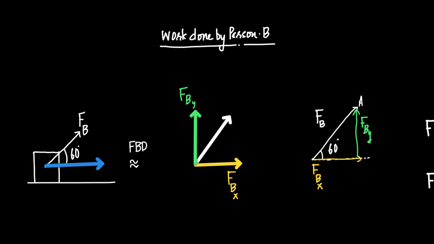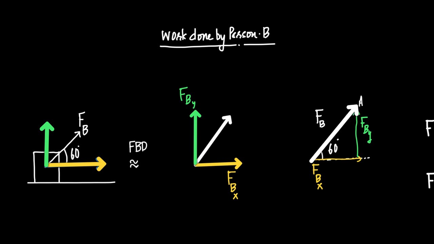FB is inclined with displacement vector, which is 60 degree, and it can be resolved into two components. One, the horizontal component, which is along the displacement vector, and the other, the perpendicular component or the vertical component, which is perpendicular to the displacement vector. And these two forces can be considered as, I don't want to skip the discussion here.